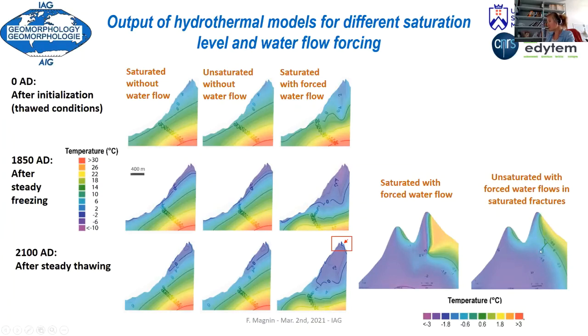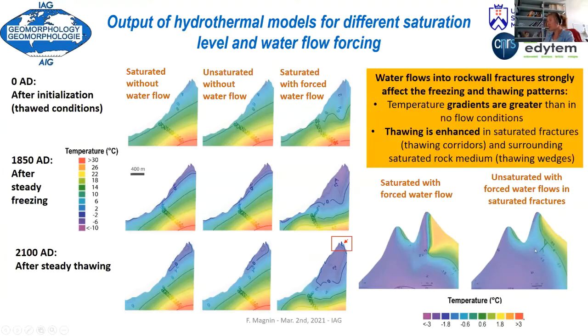Here we force water flow in the fractures when it thaws, and we do not have this thawing wedge, but we have thawing corridors. So what we learned from that is that water flows in rockfall fractures strongly affect the freezing and thawing pattern. They create greater temperature gradients and they enhance thawing, especially in saturated fractures and rock mass.